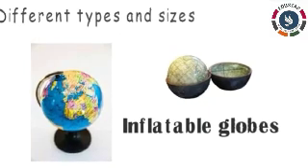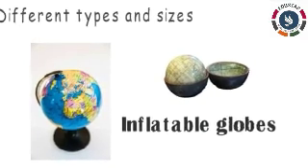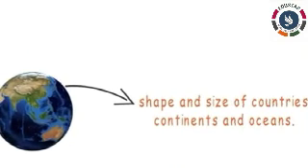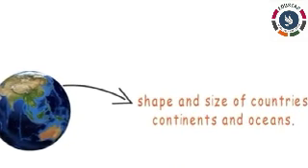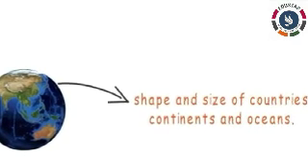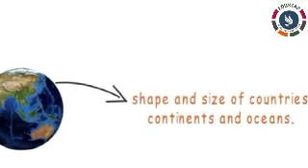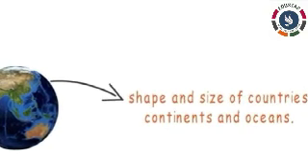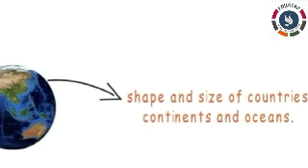Globes may vary in size and types. Big ones, which cannot be carried easily. Small pocket globes and globe-like balloons, which can be inflated and are handy and carried with ease.